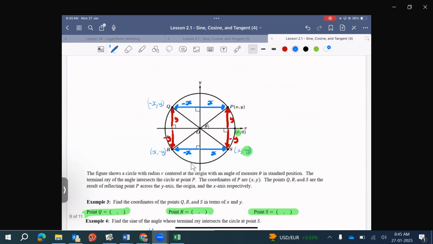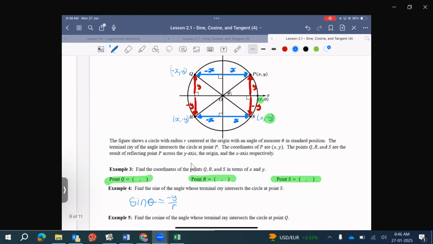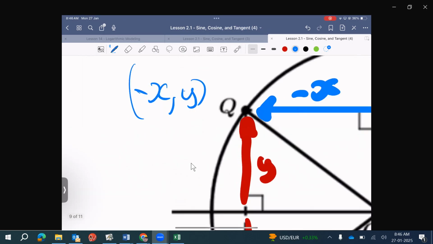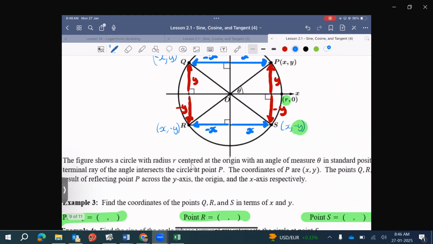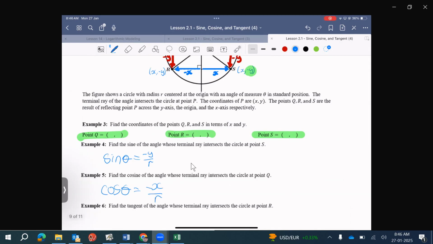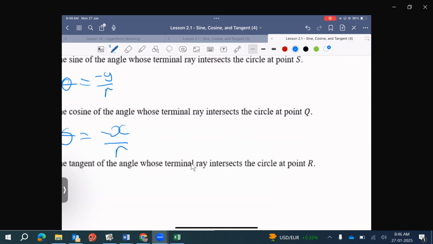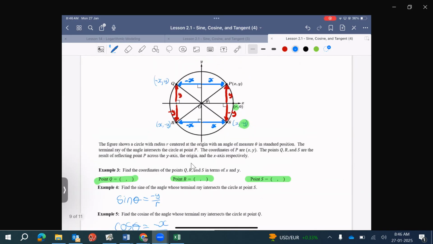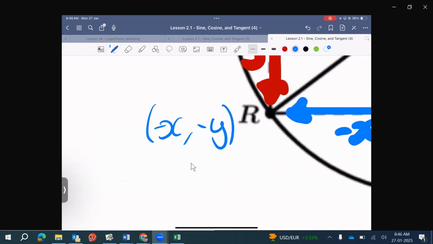Then number 5, the cosine of the angle whose terminal ray is at point Q. Which cosine value is here? And then the dilation. So the cosine of theta in this case will be -x divided by R. And then the tangent at R. Give me the formula for tangent.